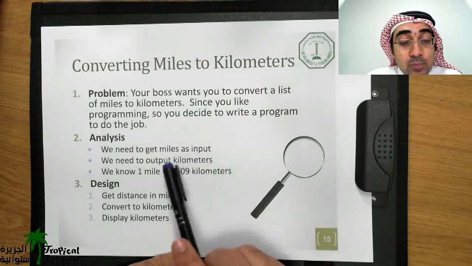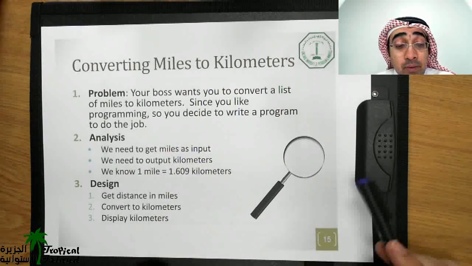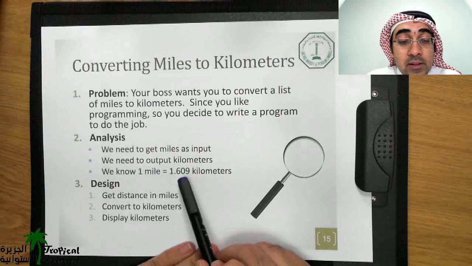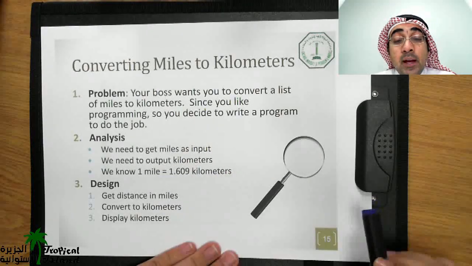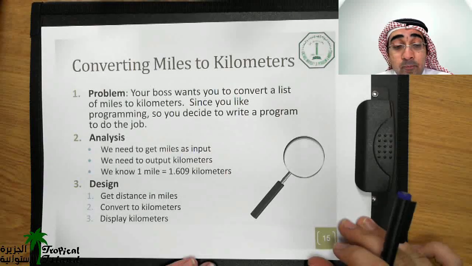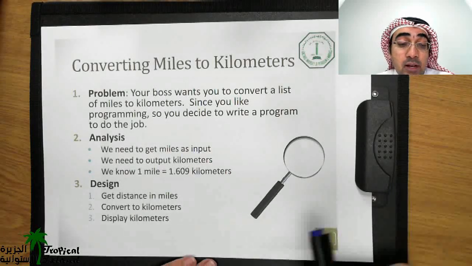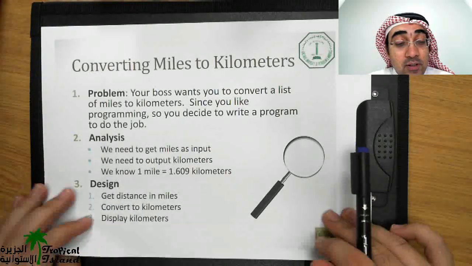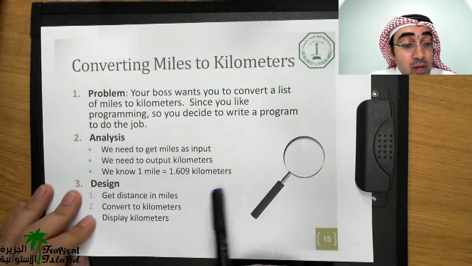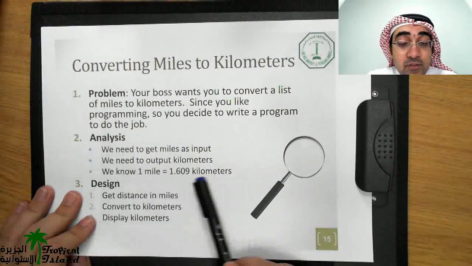So we input miles, we output kilometers. Do we need anything else? Yes, we need to know how many kilometers 1 mile is equal to. So we know that 1 mile is equal to 1.609 kilometers, and you get this from the book. In real life, you can actually search the internet, or you have to have another means where you can actually get this data from. Okay? So these are the analysis steps.